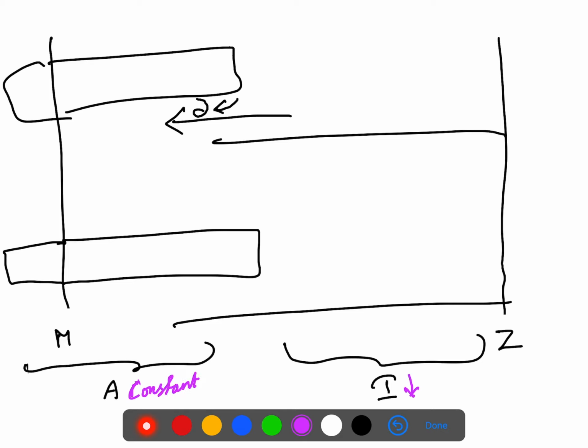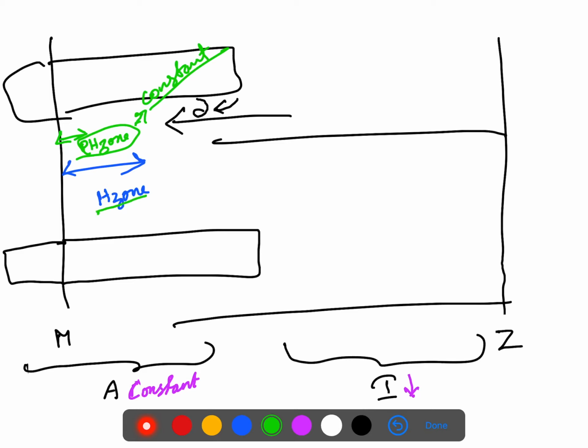And what happens to the pseudo H zone and the H zone? The pseudo H zone remains constant because there is no actin myosin cross bridge, and the H zone might decrease. The H zone may or may not decrease depending upon the strength of contraction.